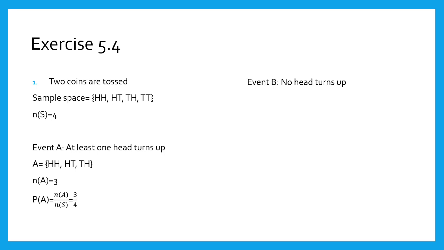Set B does not contain points having H. Therefore, B = {TT}. n(B) = 1. Substitute the values of n(B) and n(S) in the formula, P(B) = n(B) / n(S). Therefore, we get P(B) = 1/4.